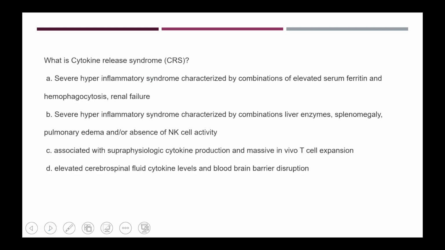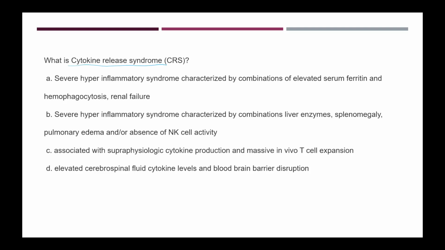Okay, so what is cytokine release syndrome? So as I have mentioned, those CAR T cells are highly activated T cells, okay, which can also activate the other immune cells to release cytokines. So a lot of cytokine release can damage your body's own cells. So that situation is called cytokine release syndrome in presence of the CAR T cells.